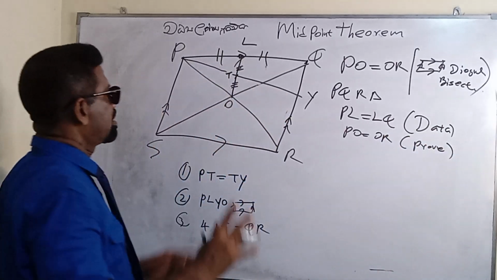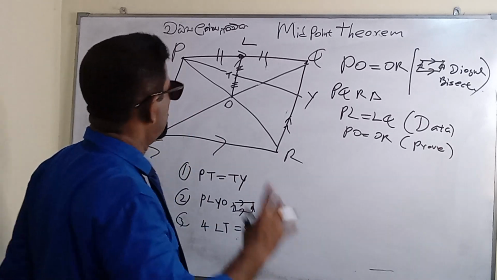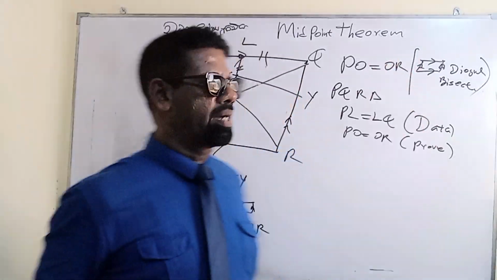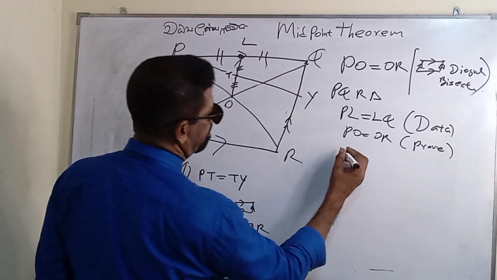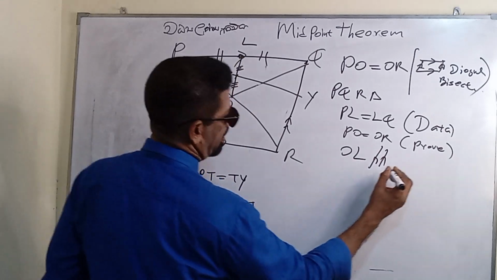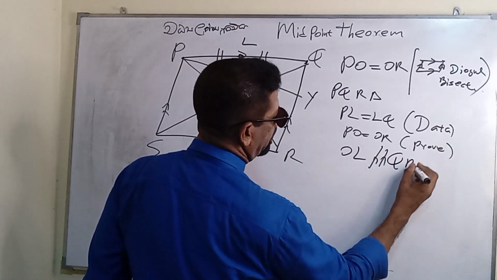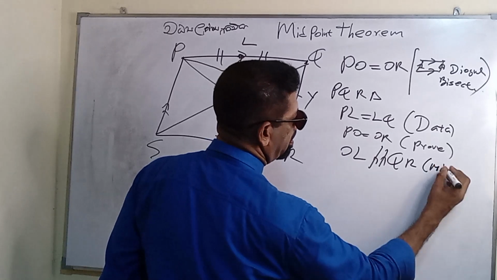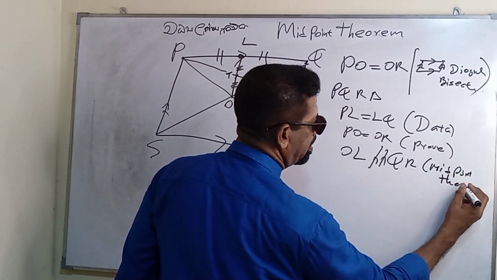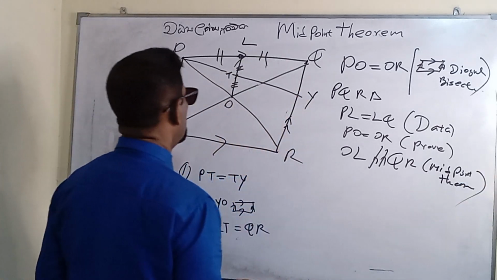Then you can write the midpoint theorem: in a triangle, the line joining the midpoints of two sides is parallel to the remaining side. Then you can write OL parallel to QR, by the midpoint theorem. Right, so that is parallel.